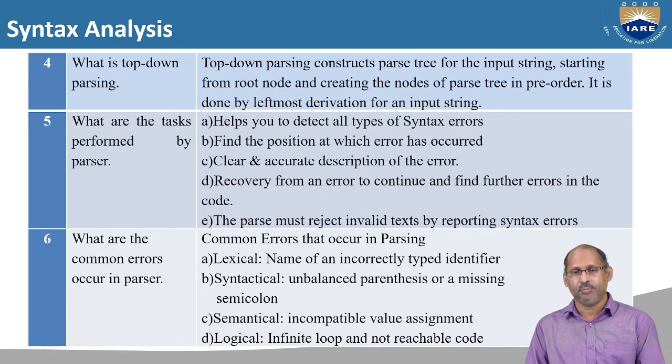So in top-down parsing, we start constructing the tree from the root and consider the leftmost derivation, so that we match the non-terminal with the productions and apply the right side of the production, so that we construct the leaves of the tree, right? Here we use the leftmost derivation for the input string, whereas in bottom-up parsing we use rightmost derivation, right?